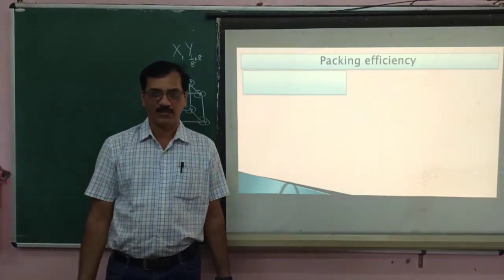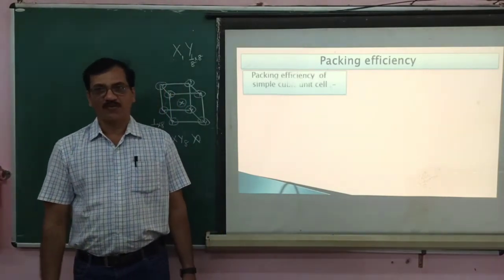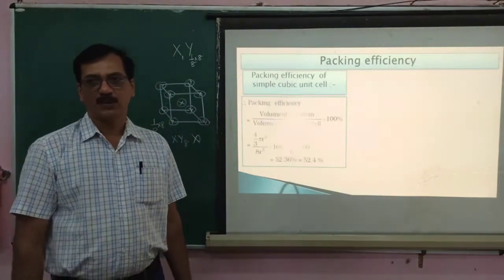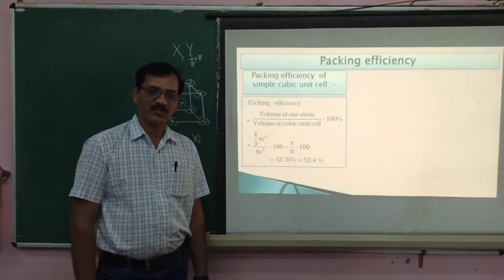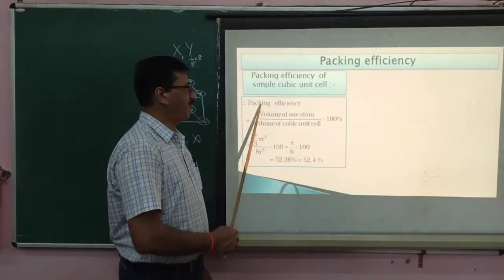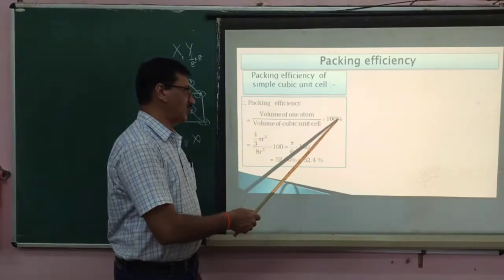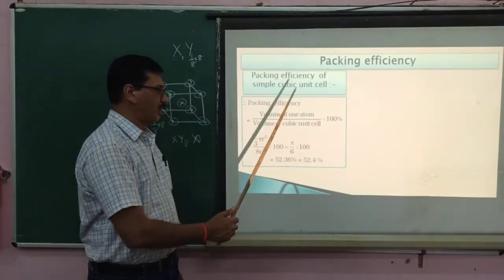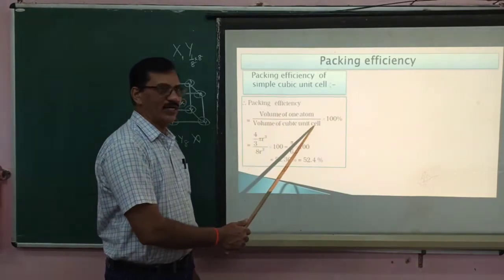So we will take up different kinds of cells, that is simple cubic, BCC and FCC. So packing efficiency, if it is expressed in percentage, is to be multiplied by 100: volume of one atom times number of atoms divided by volume of the unit cell.